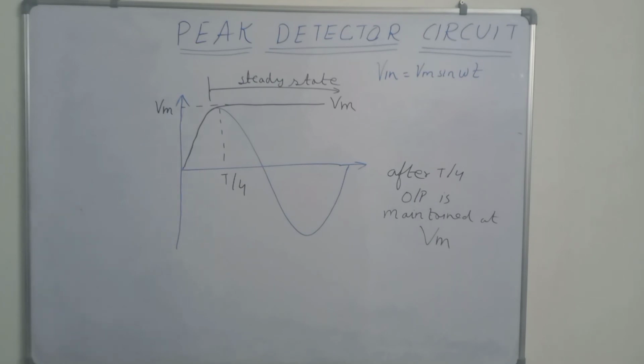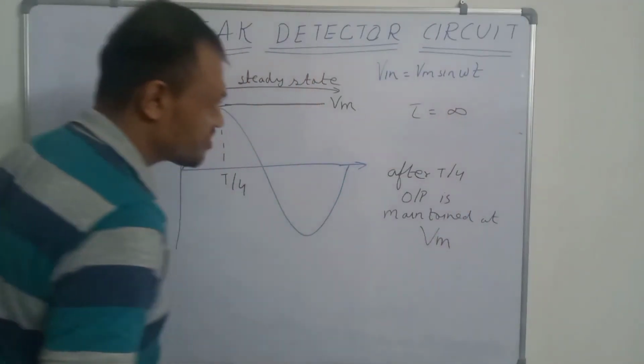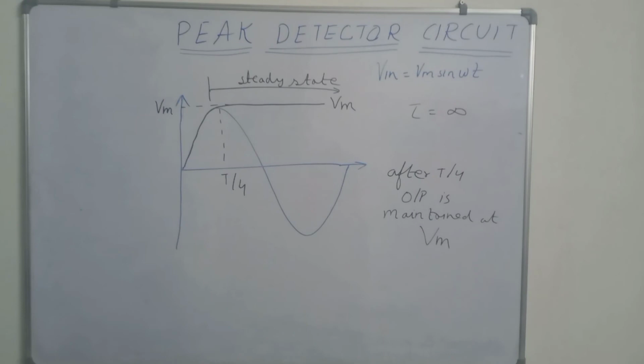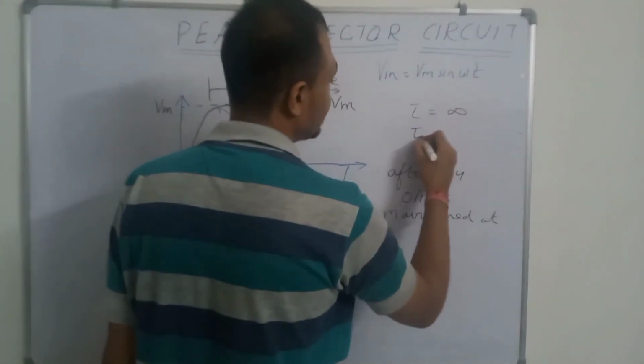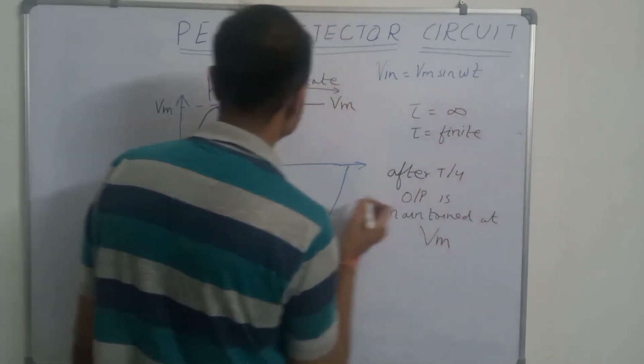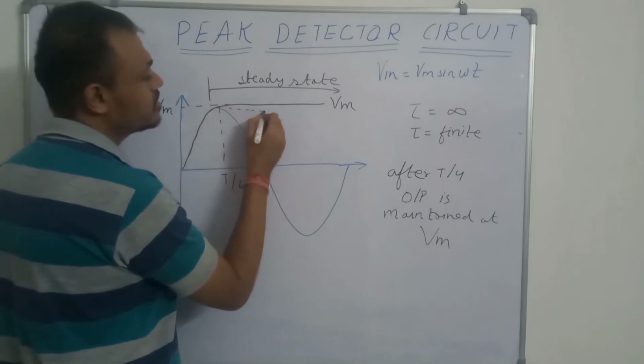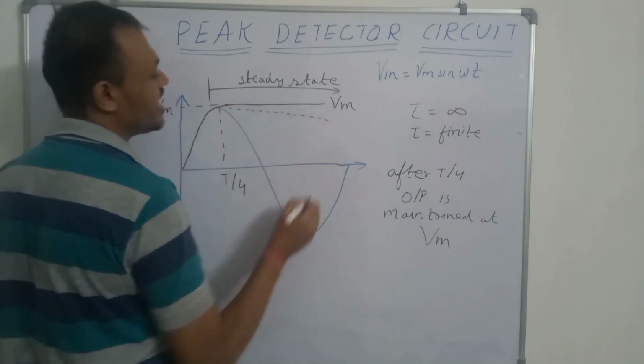Suppose we took the time constant to be infinite, or very high compared to the time duration of the input voltage waveform. If the time constant is finite, then the capacitor will start discharging through RL. So the waveform will look like this.